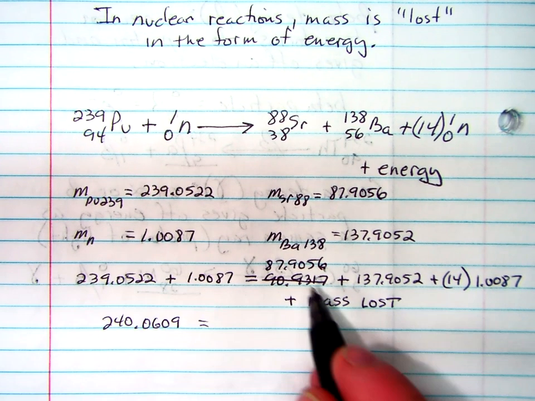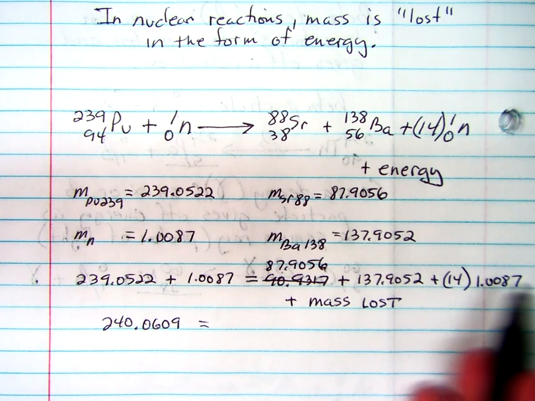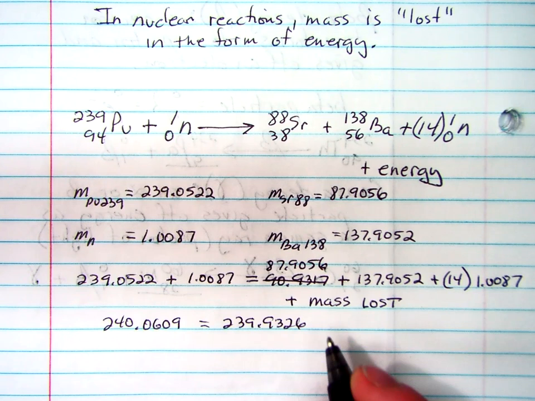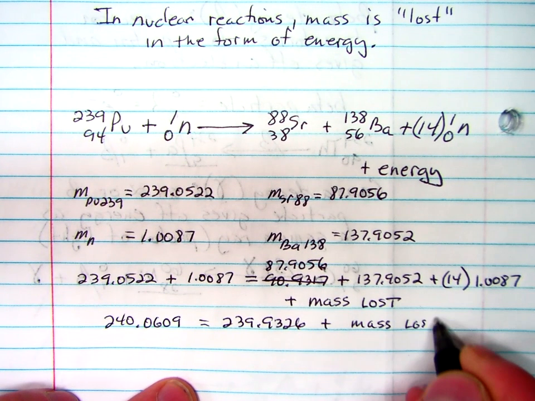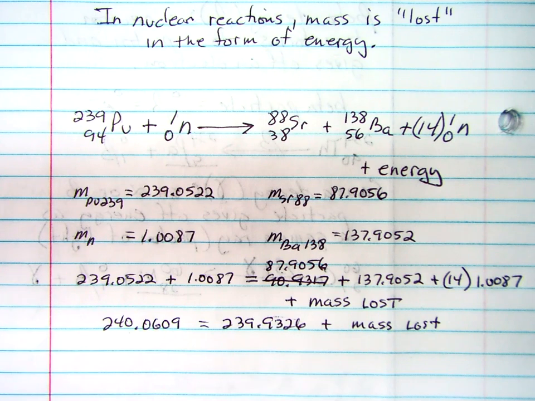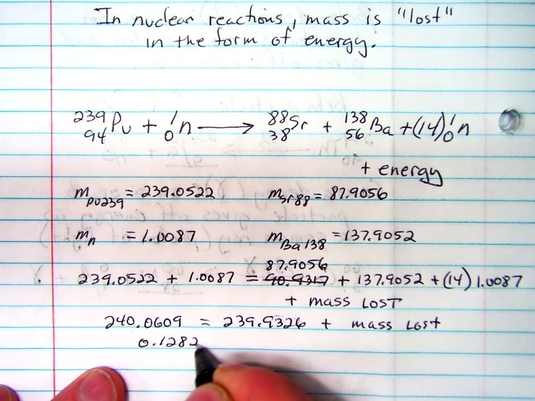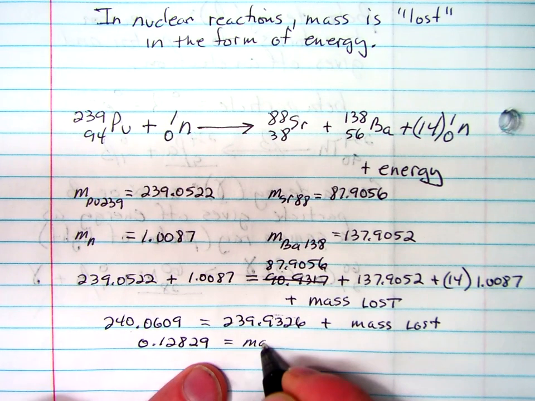And if you add up this plus 14 times this, you get 239.9326 plus mass lost. Now obviously this number is smaller than this number. We're going to subtract 239.9326 from both sides, and if you do, you get 0.1283 equals mass lost.